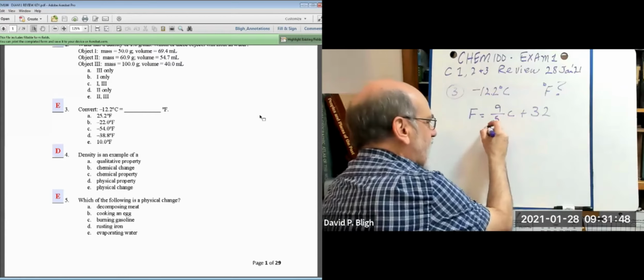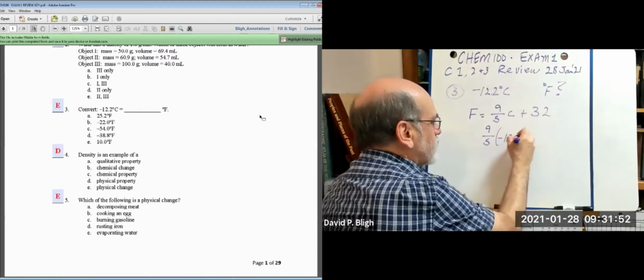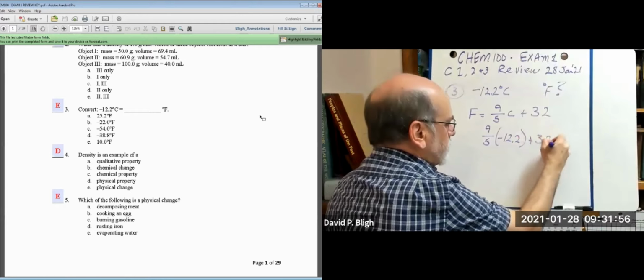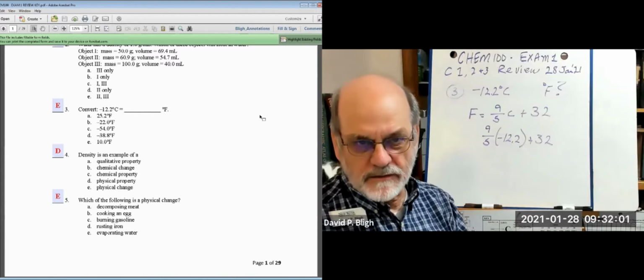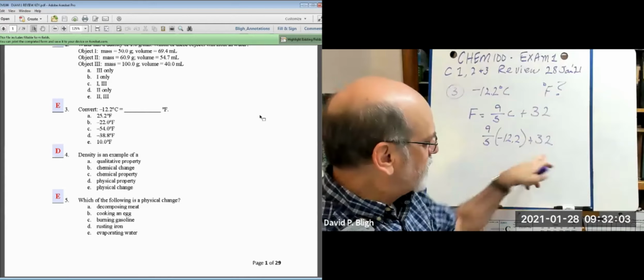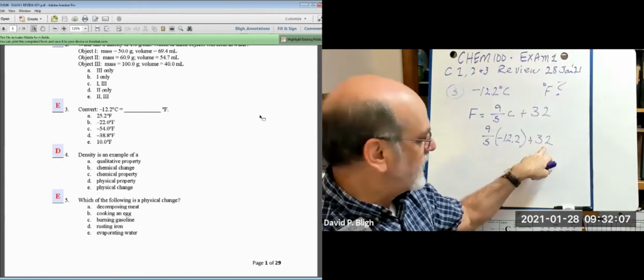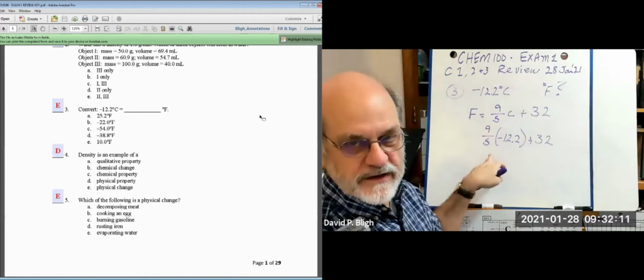So we just need 9/5 times minus 12.2 plus 32. Now remember when we talked about significant figures, these numbers are exact numbers. They have infinite significant figures.